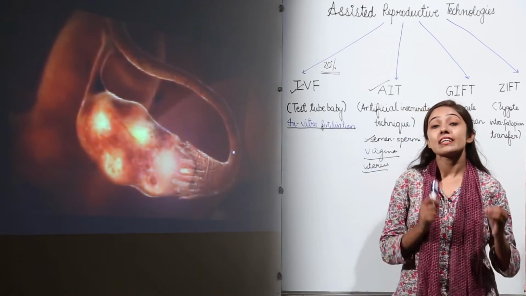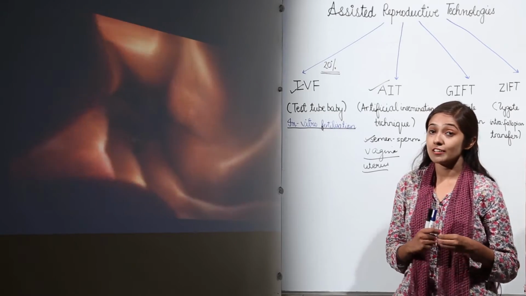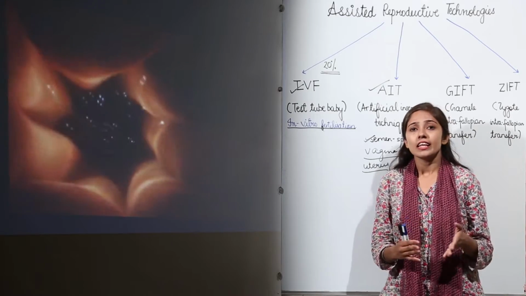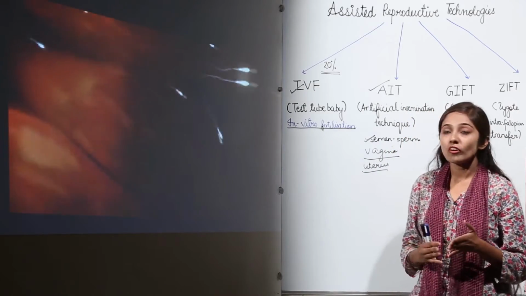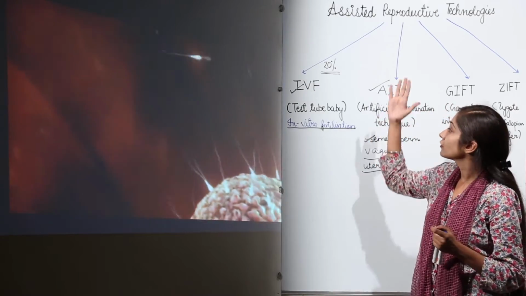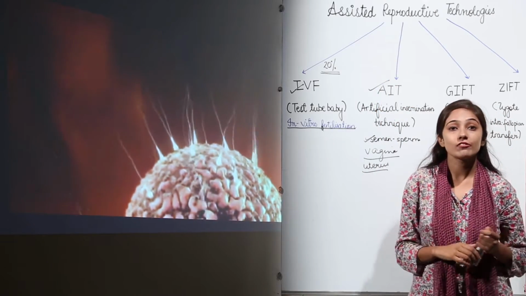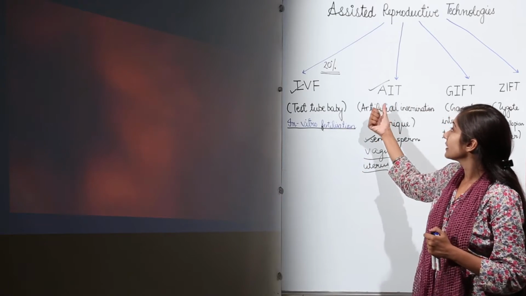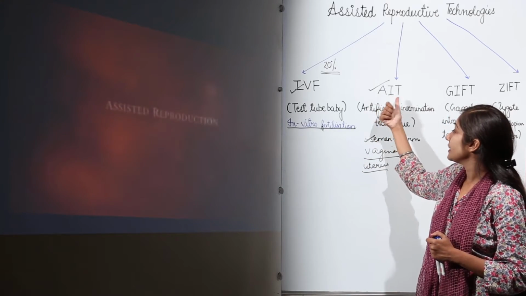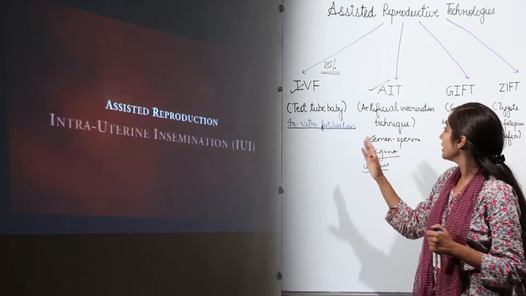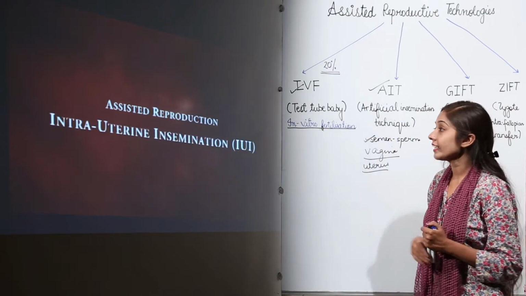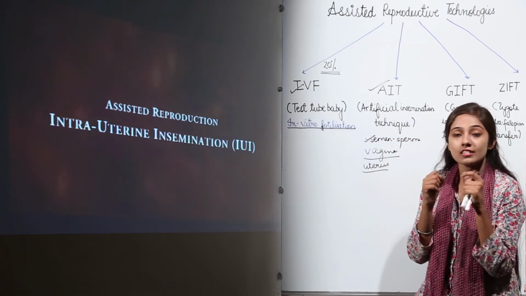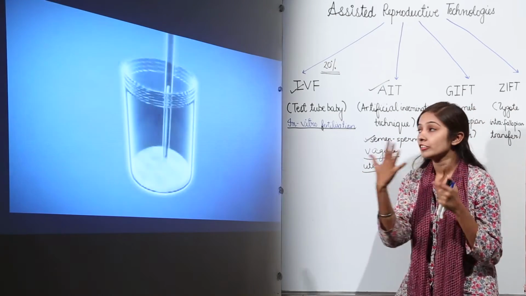But if fertilization is not taking place, means if there are chances of infertility, then the couples can opt for these technologies that we call assisted reproductive technologies, as I told you earlier also. So we are discussing this technology, that is AIT, artificial insemination technique, and under this we have intrauterine insemination, means the semen is injected inside the uterus, right?